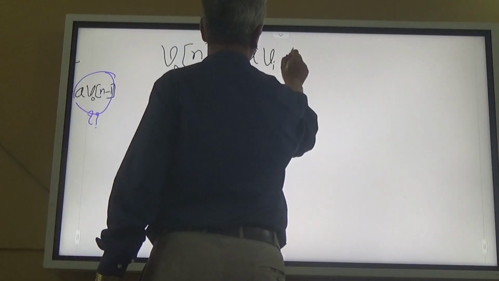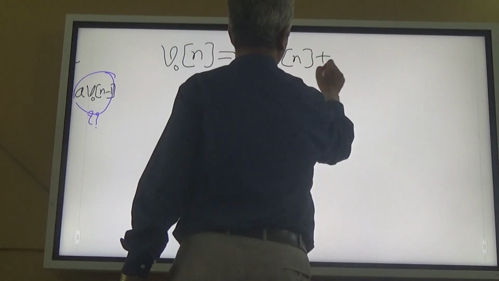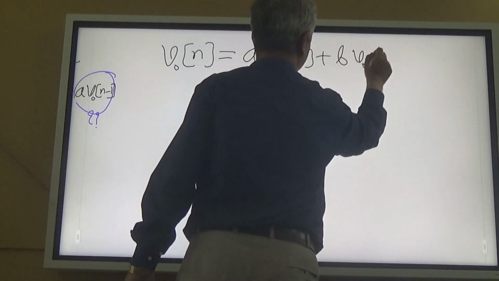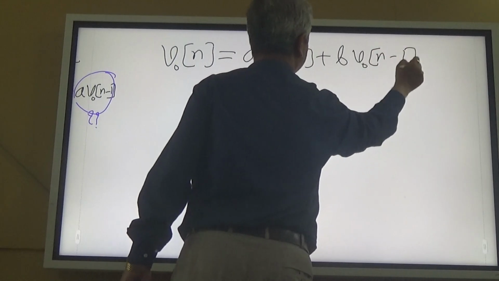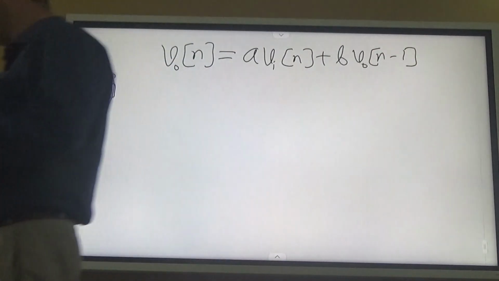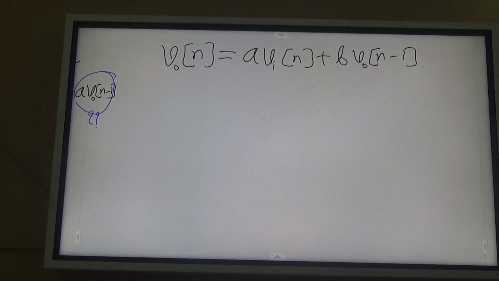A V in n plus B V O n minus 1. So how will you remove this? We need to remove the term B V O n minus 1.